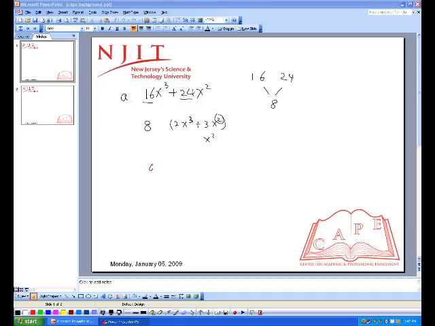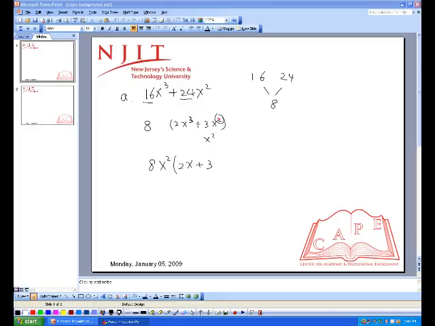If we do that, we'll have 8x squared. So what happens when you take out x squared from x cubed? Well, out of degree 3, you take out degree 2. That means you have 1 degree left. So now it's simply 2x plus 3.